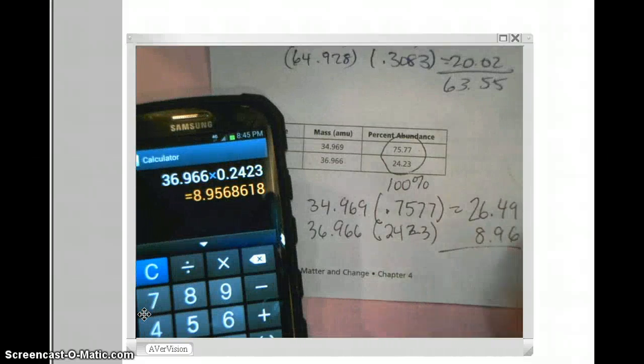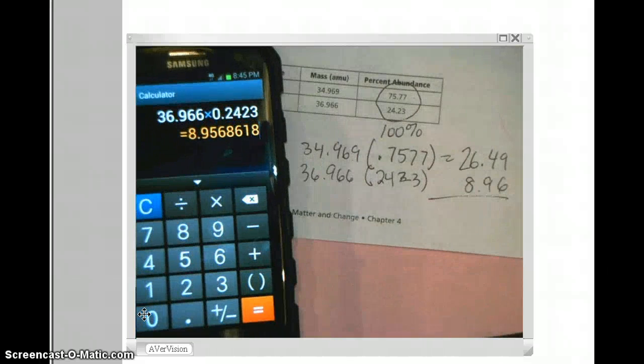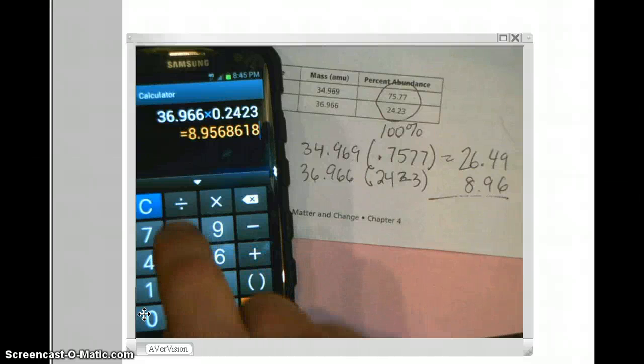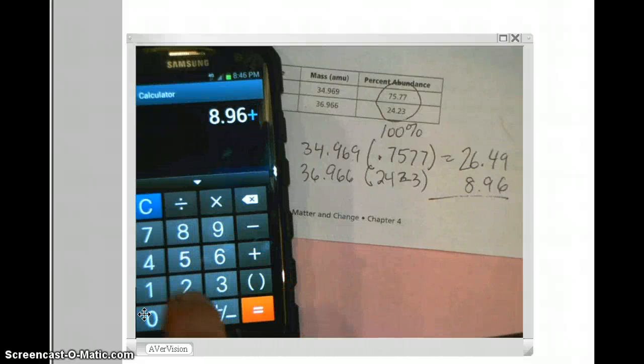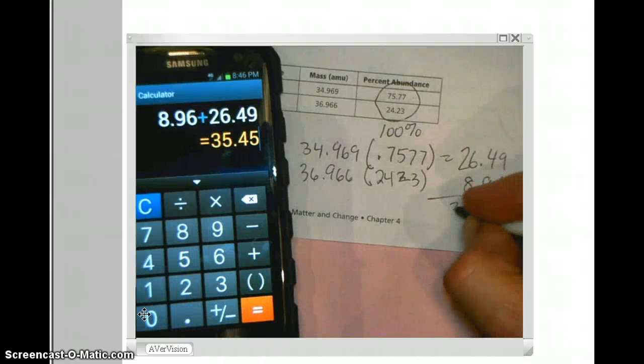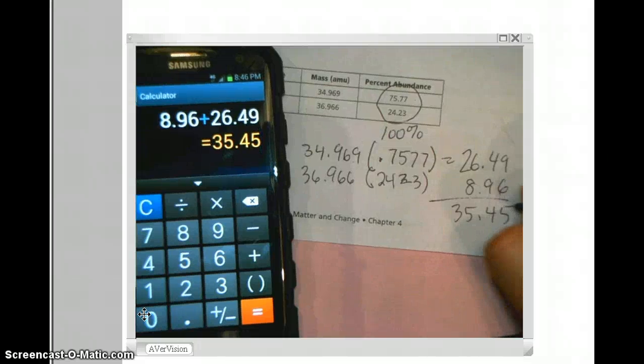Now, that brings us to wanting the total mass here. So if we take that number, 8.96, plus 26.49, we get an average mass of 35.45.